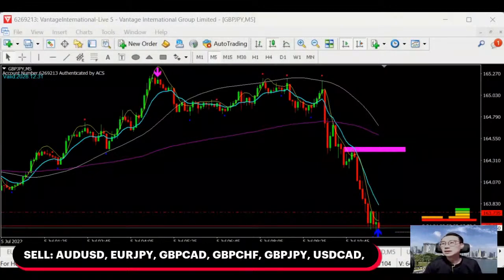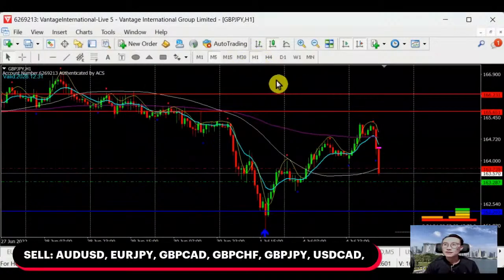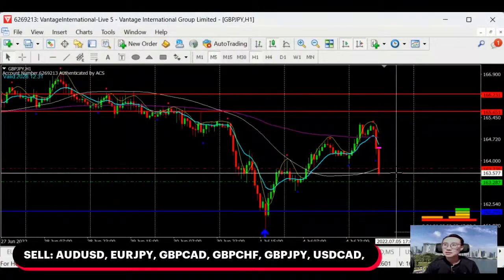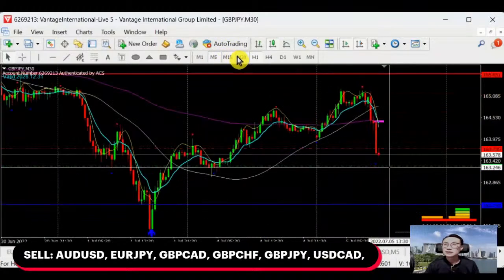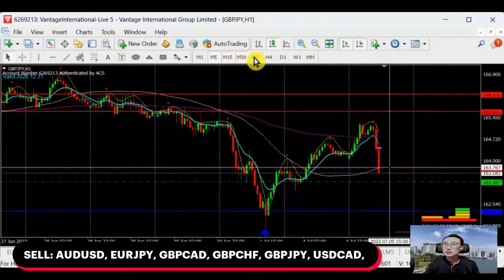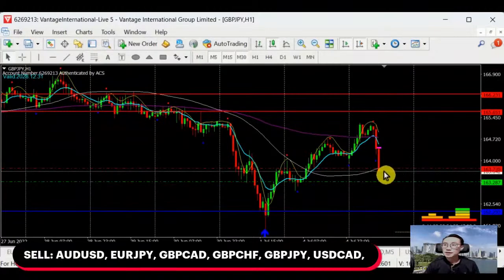So as we can see now, pound yen is actually pushing, so I guess we still have some space to go. We have about 30 pips, but let's see, still looking good. My worry is that it may have a pullback before it completes the journey.